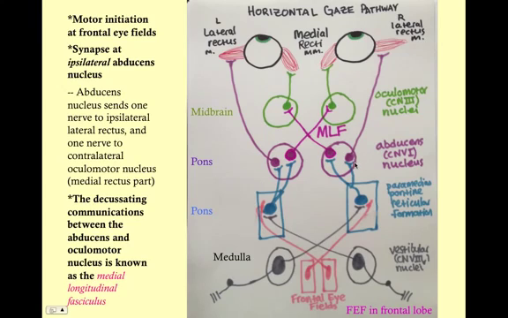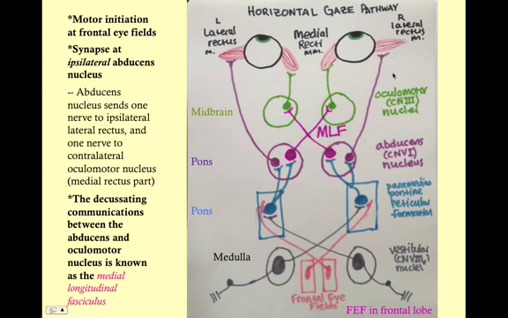So the right abducens nucleus is going to stimulate the left medial rectus to move. So that way we've got our left eye moving to the right via the left medial rectus, and our right eye moving to the right via the right lateral rectus.